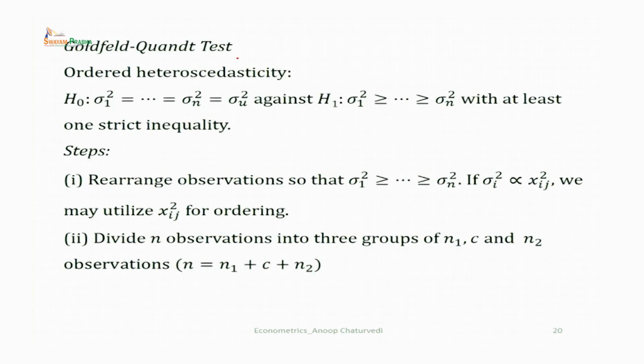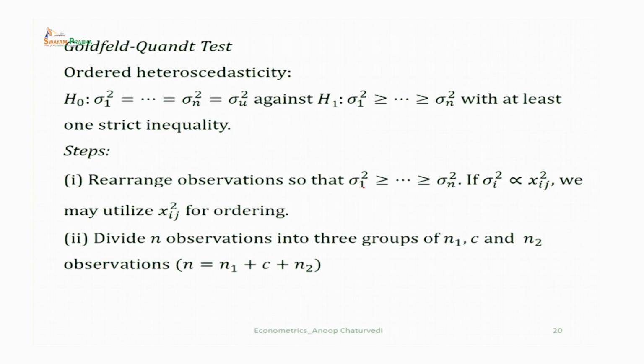Now, we come to the Goldfeld-Quandt test. So, suppose we have ordered heteroscedasticity. So, we want to test the equality of all these variances against the alternative that sigma 1 square is greater than or equal to so on greater than or equal to sigma n square with at least one strict inequality. Then these are the steps.